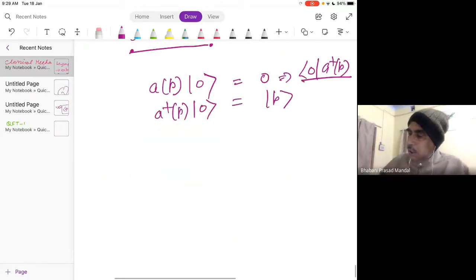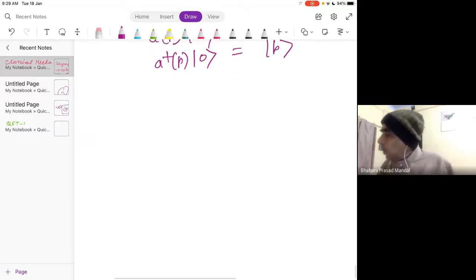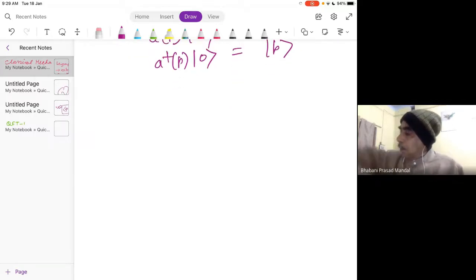Now, in the remaining class, I want to spend the time on the propagator for the electromagnetic field, because that is important actually. It has a lot of non-trivial things. So let us spend some time on the propagator for the photon field or electromagnetic field.